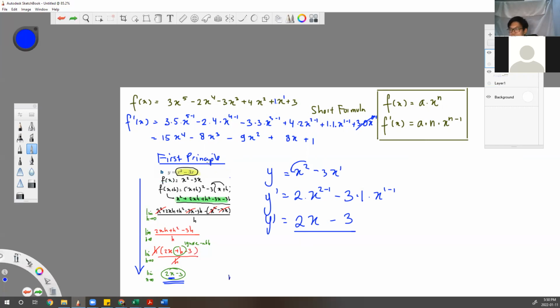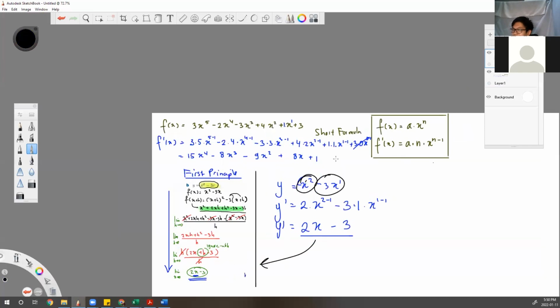But again, this is still useful, right? Because this is the basics of gradient, the first principle of derivatives. If you do the short formula, just simply put it like this and then done. Okay. How is it, Vicky? Is it a time saver? Yeah, this is a super time saver when we deal with the short formula. And this is so easy to understand. As long as you know the formula, put the n below and decrease the value of the power itself by 1, as always, by 1.